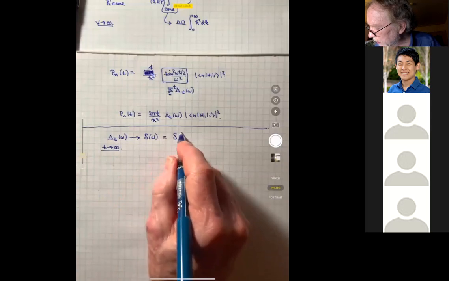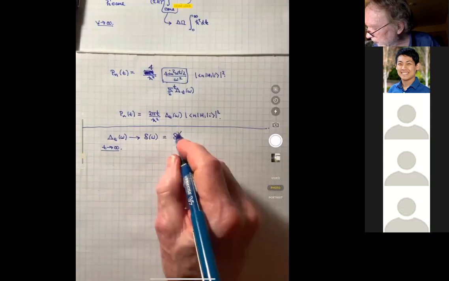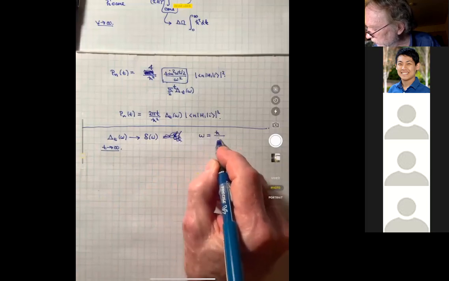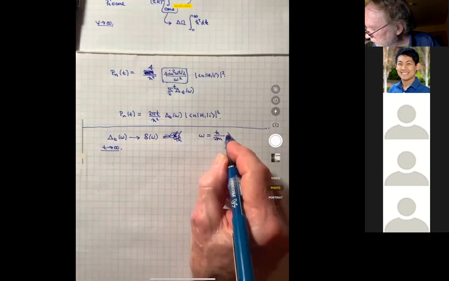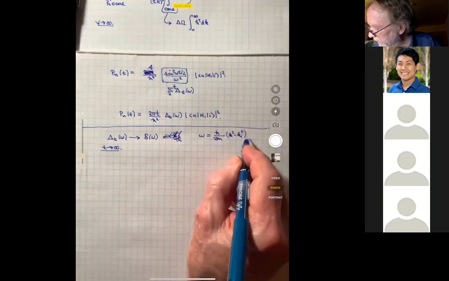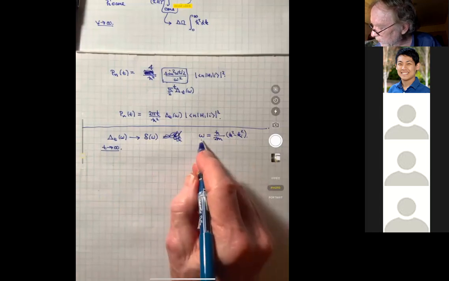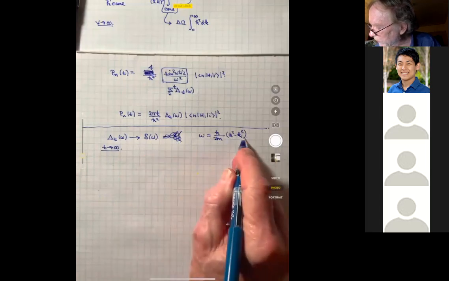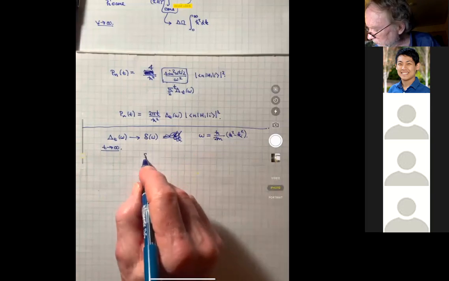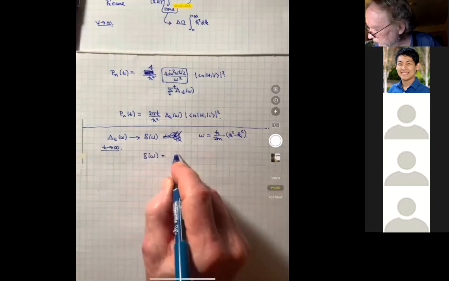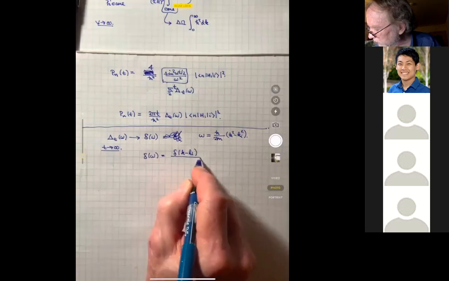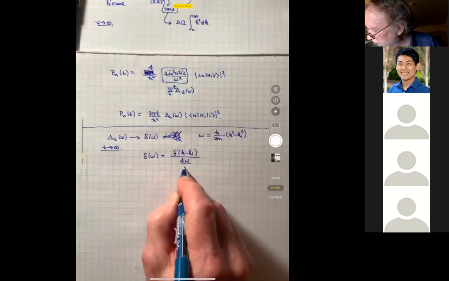And the omega itself, as I explained, is given by h bar over 2m times k final squared minus k initial squared. You can see that the omega goes to 0 when k final equals k initial. That's, of course, energy conservation. And so delta of omega can be written, using the rules for delta functions, as delta of k minus k initial divided by d omega dk.